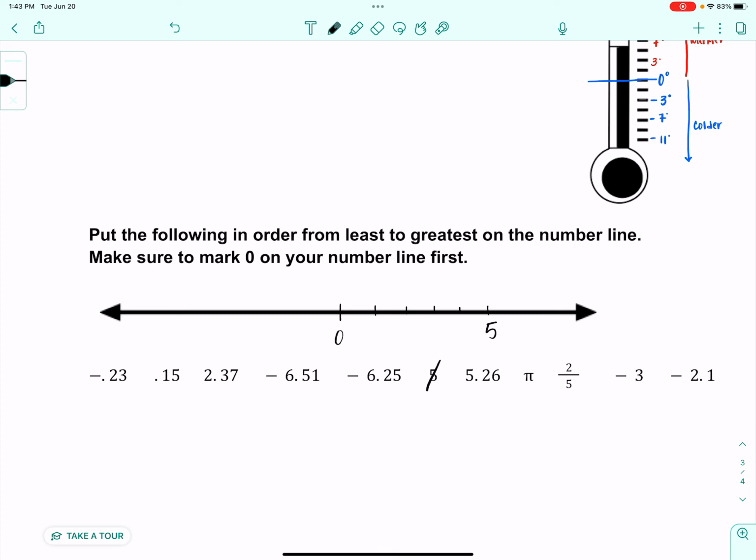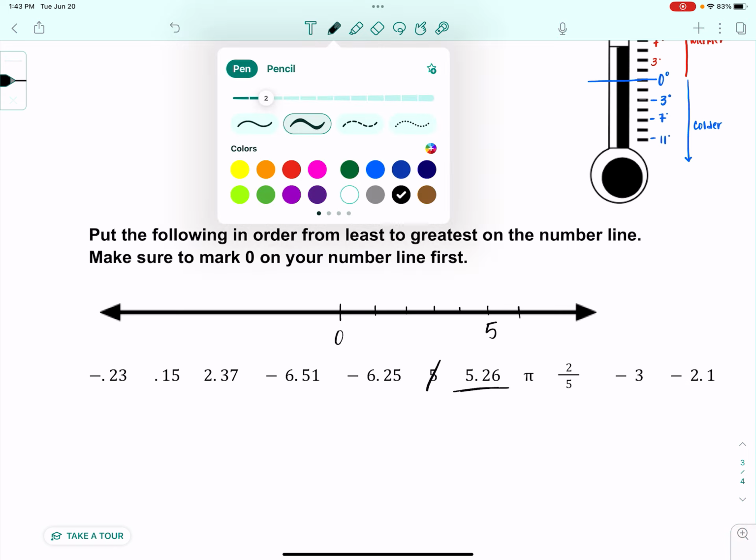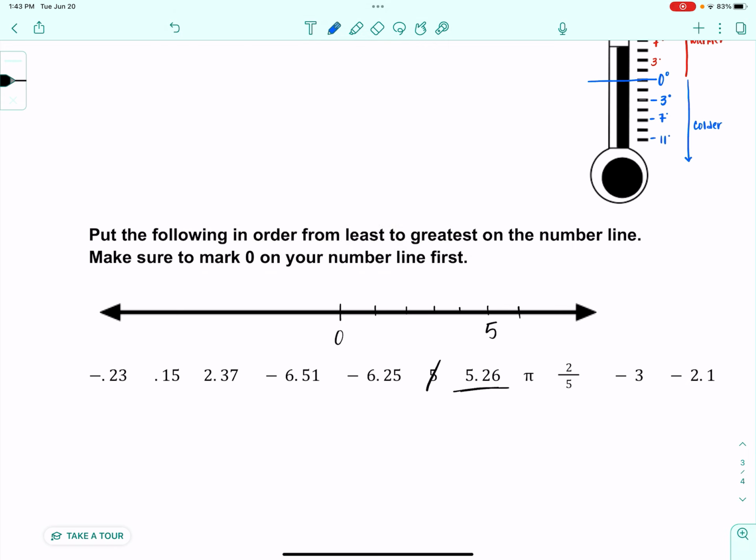And then the next number on my number line would be this 5.26. I don't have to be exact. I know that $5.26 is more than $5 though. So I might stick it right in here.